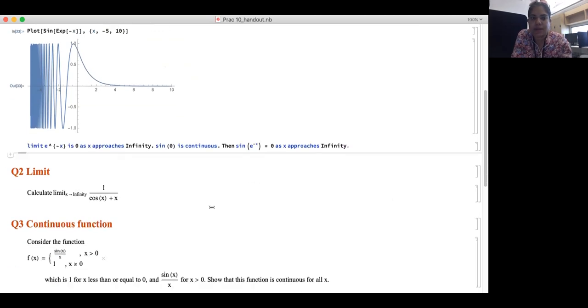Okay, let's look at question 2. Calculate the limit of 1 over cos x plus x as x goes to infinity. How would you approach this question?